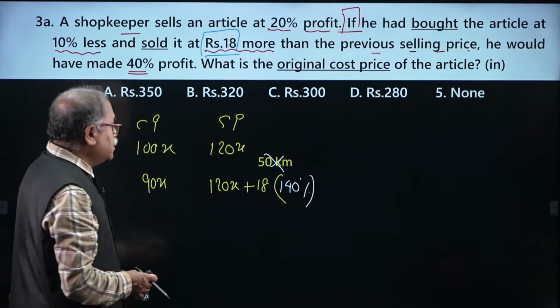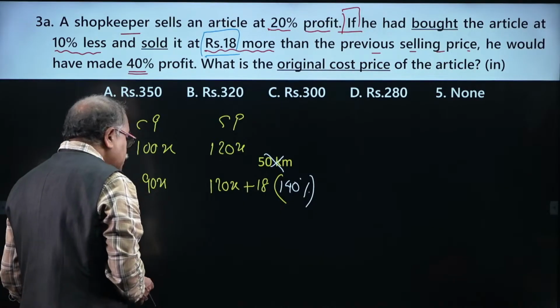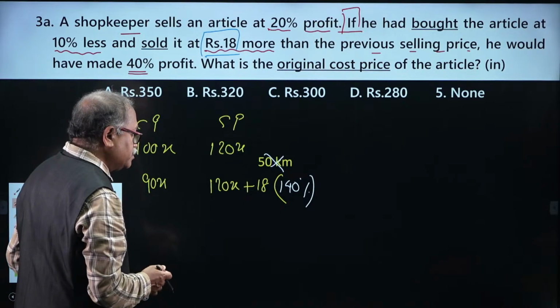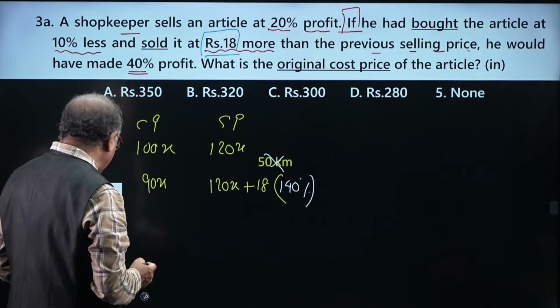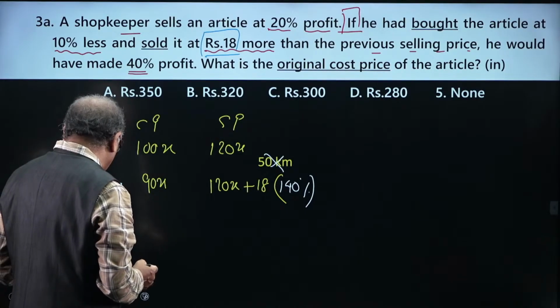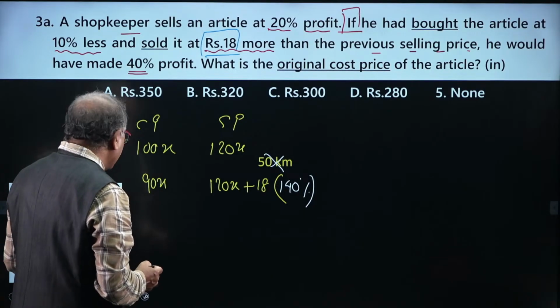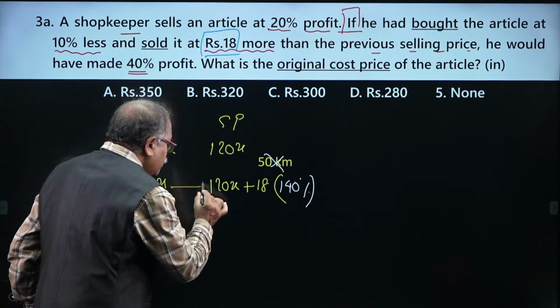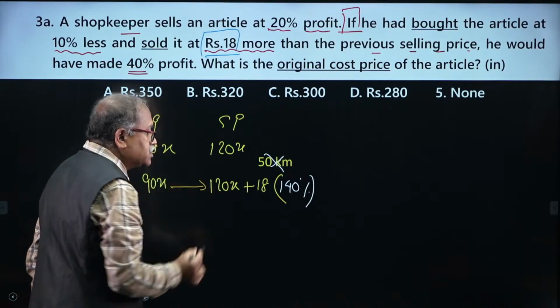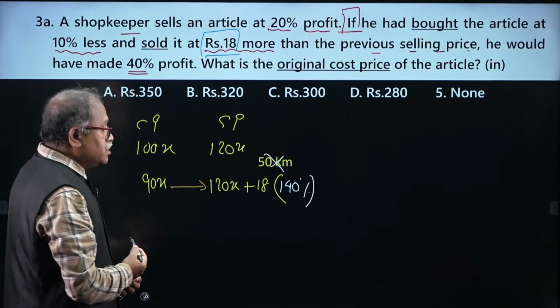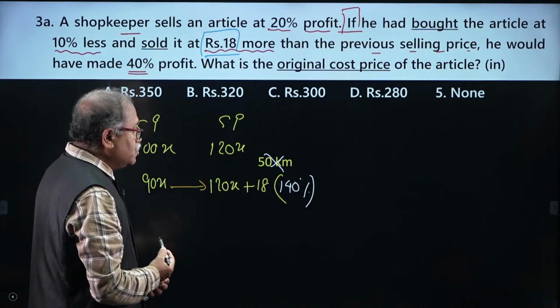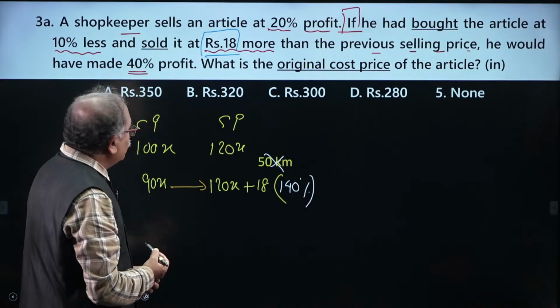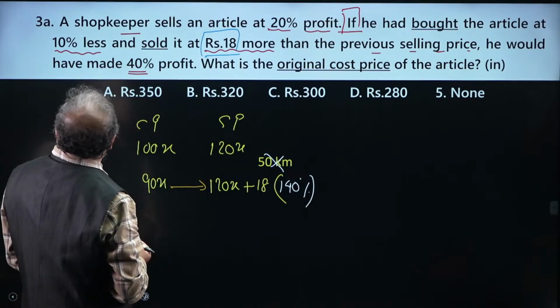So, let us take the difference of these two. What is the difference? What is the profit? What is the profit from here to here? This is the cost price, this is selling price. So, the difference is your profit. Am I right over here?